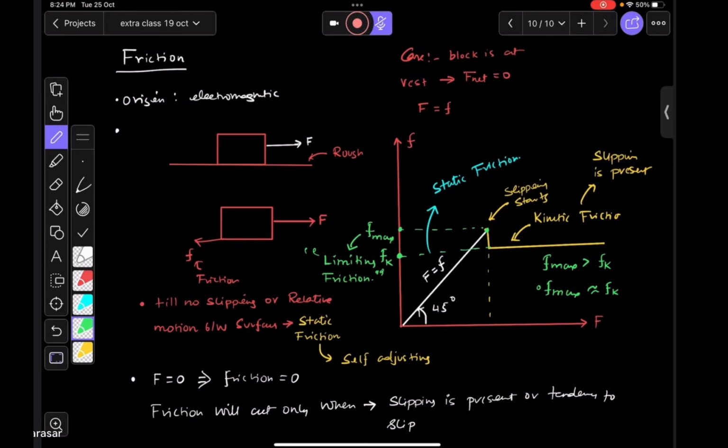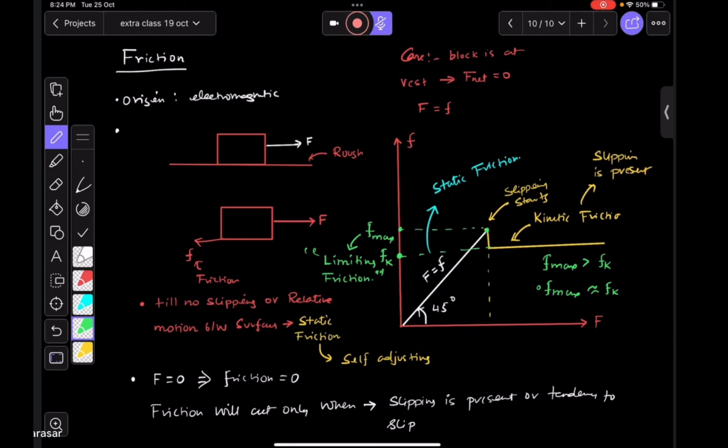See, I'll tell you. Suppose the maximum friction force that can come is 10, and the moment I apply more than 10, maybe 10.1, the friction force will reduce and will remain constant. Suppose it reduces to 9.8, and then after that you apply 11 Newton, 30 Newton, whatever, the friction force will remain 9.8 only.